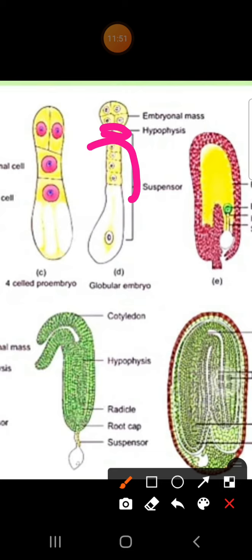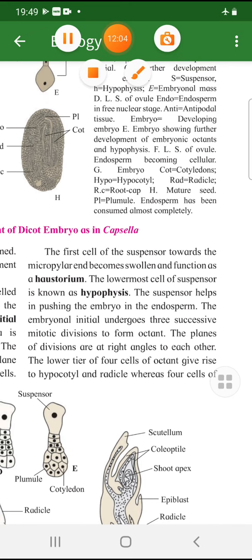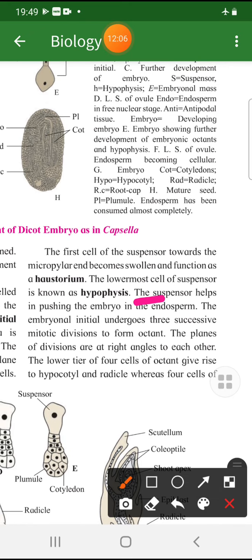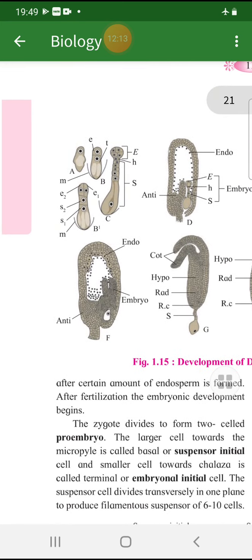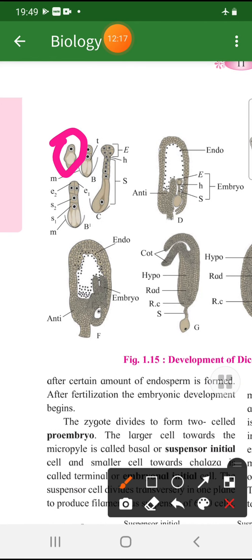What is the function of this suspensor cell? It is to help the embryo to get nourishment from the endosperm. For a minute, let's go there. So please underline here. The suspensor helps in pushing the embryo in the endosperm. Okay. So पहला structure है ये वाला A structure. दूसरा structure है pro embryo stage.